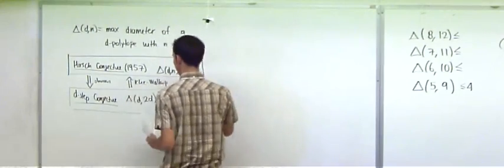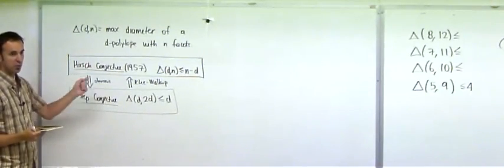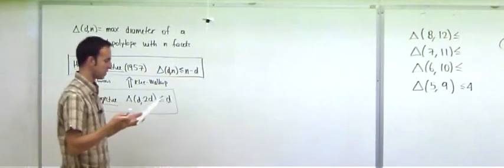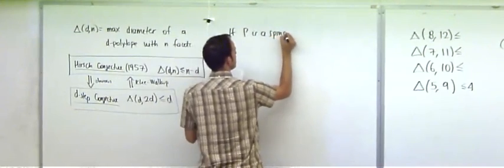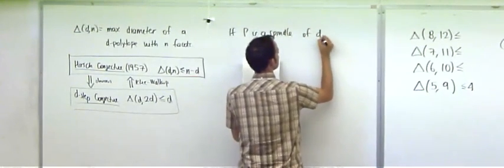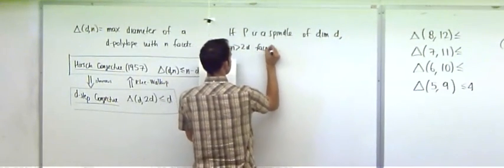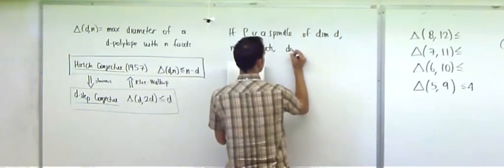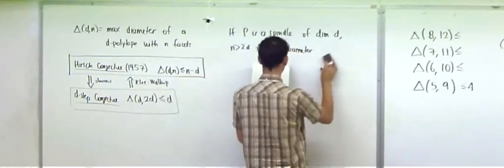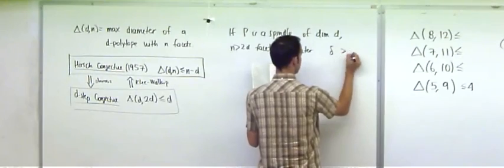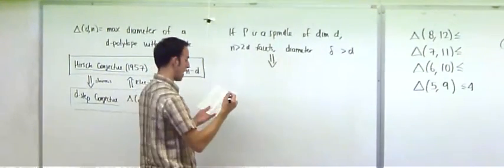And then he proved a version of this correspondence that is specifically for spindles. Here's what he proved. If you have a spindle of dimension d and n bigger than 2d facets and diameter, let's say delta, which is bigger than d, then he used that to construct a spindle in one dimension higher.